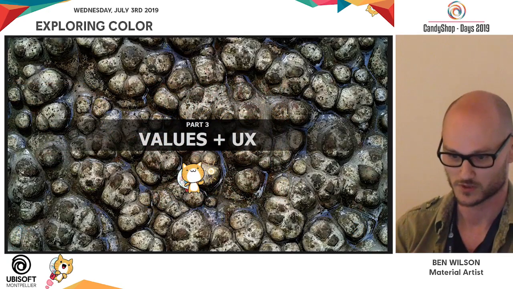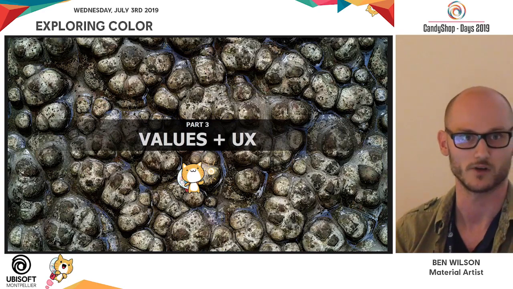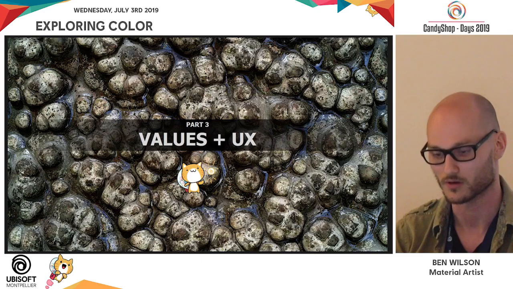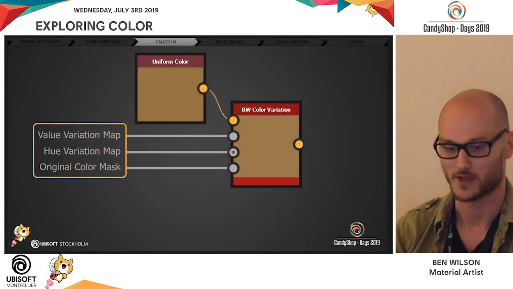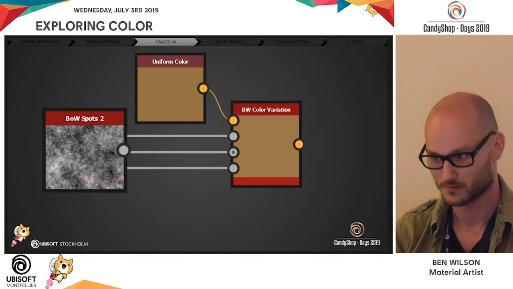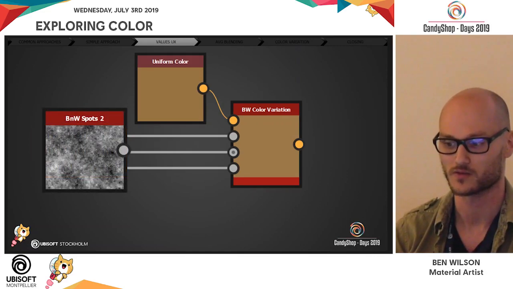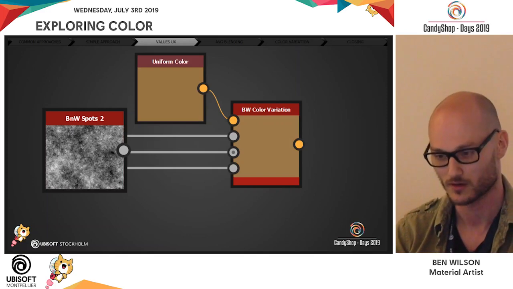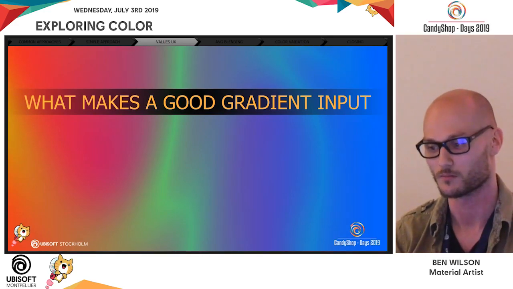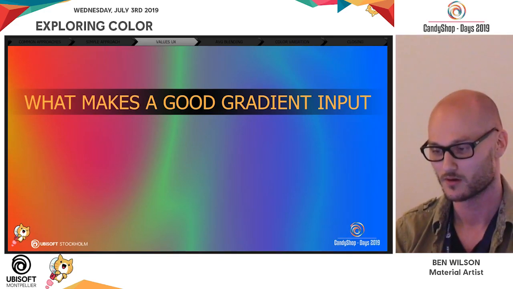So we'll shift gears a bit and talk about these gradient values and how this relates to UX when you're working in your graph. That's these guys that we're going to talk about. So all of these inputs are essentially some combination of noises and height data gradients. So we need to really work out and define what makes a good gradient input.